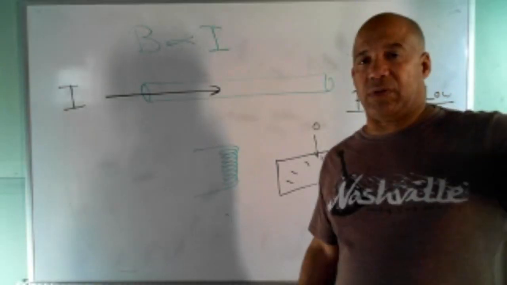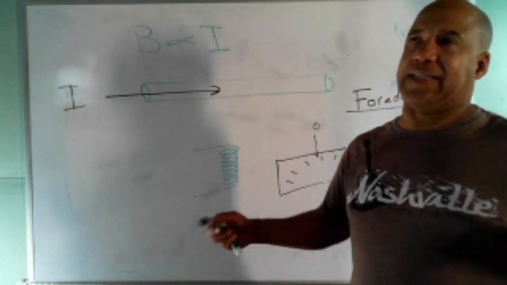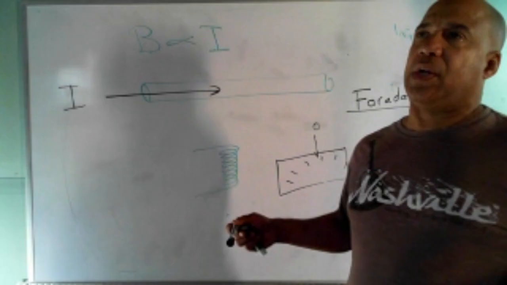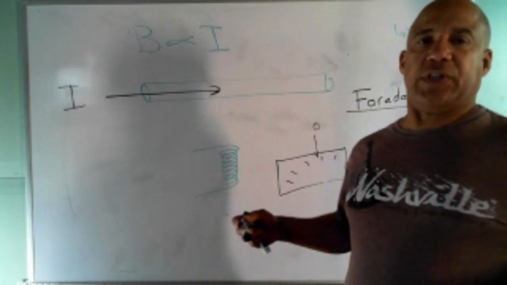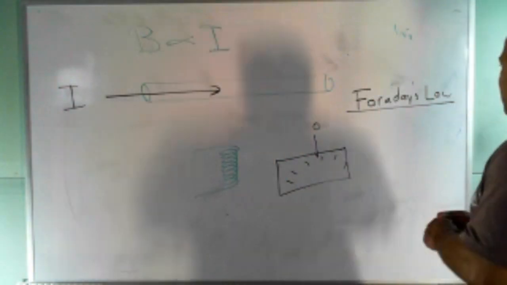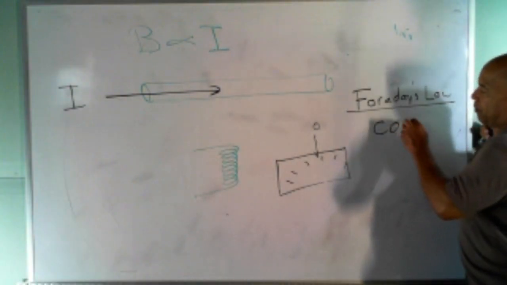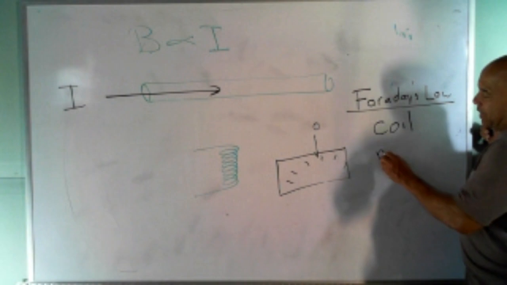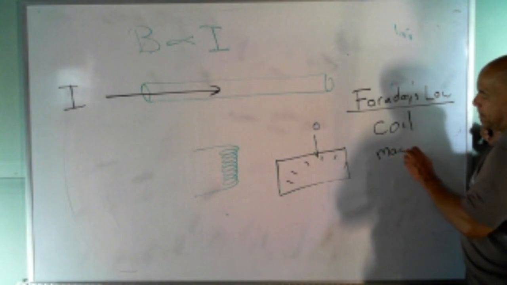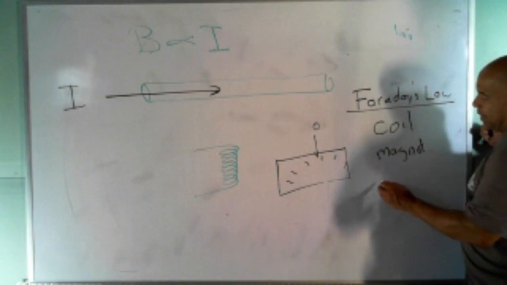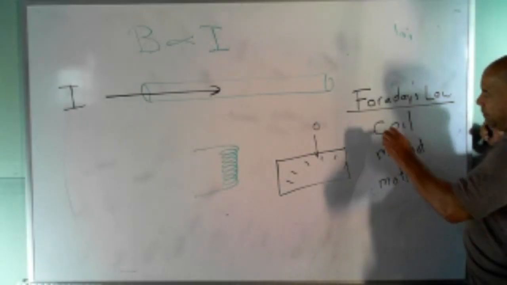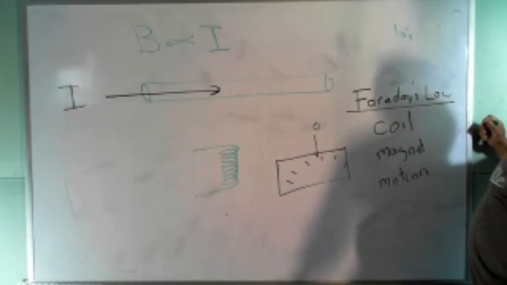Then he went to 10 loops and then 100 loops, and the idea there was the more loops, the more voltage is induced. So you remember that Faraday says that if I have a conductor or a coil, if I have a magnetic field, and I have motion between the field and the coil, then you can induce a voltage.